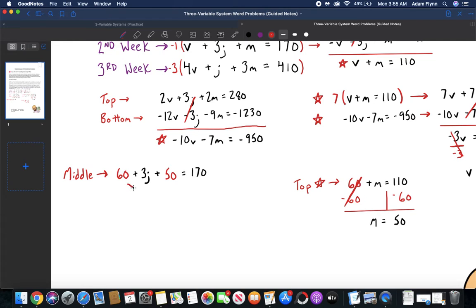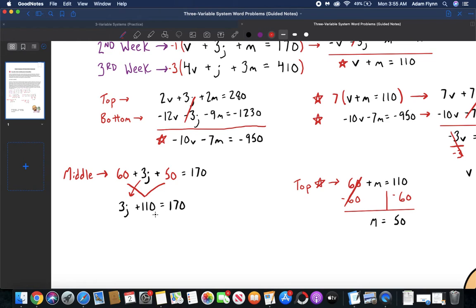So what I can do here is combine my 60 and my 50, then bring my 3j down along for the ride. So when I do that, I've got 3j plus 110 equals 170.